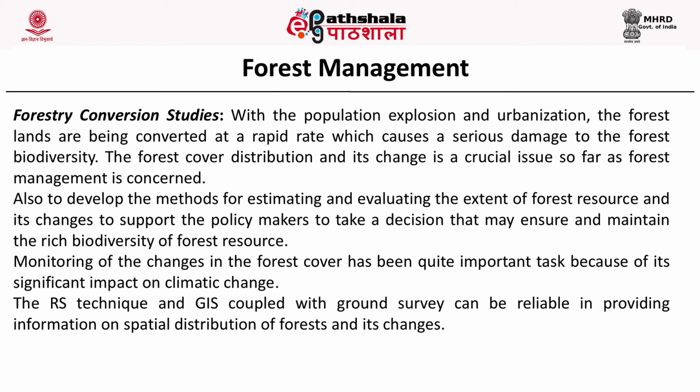Monitoring of these changes in the forest cover has been quite important because of its significant impact on climate change. So, these remote sensing techniques and GIS coupled with ground surveys can be reliable in providing information on spatial distribution of forest and the changes they might have undergone.